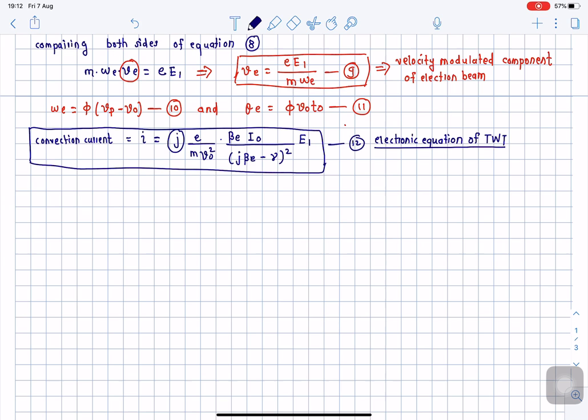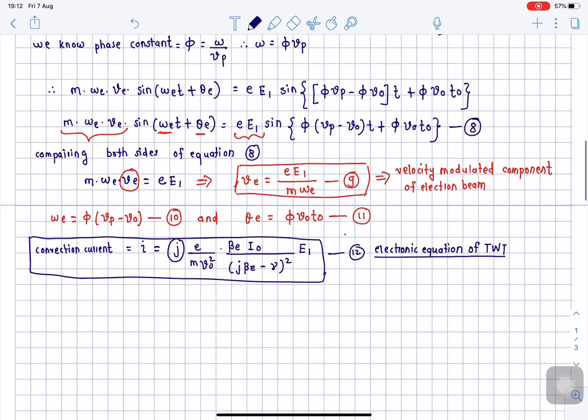So in the traveling wave tube amplifier, this particular current is a convection current, and this induces electric field in the slow wave structure. And this equation of the convection current is popularly known as the electronic equation of traveling wave tube.